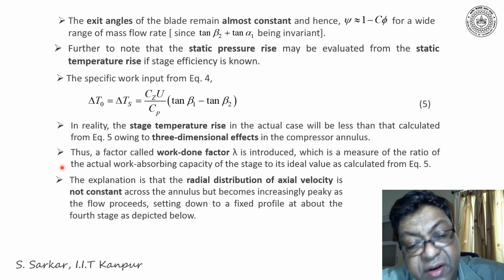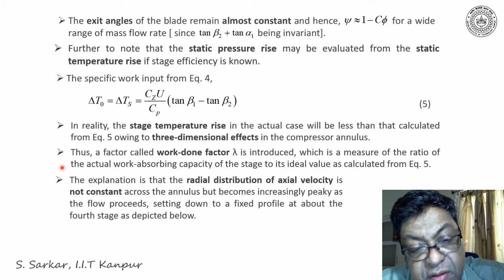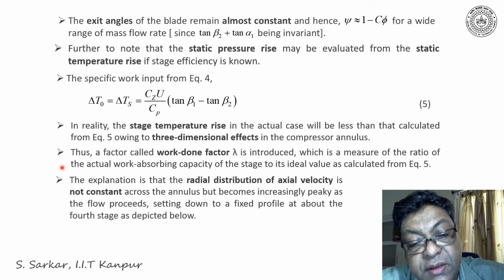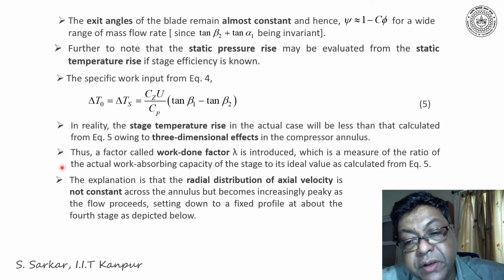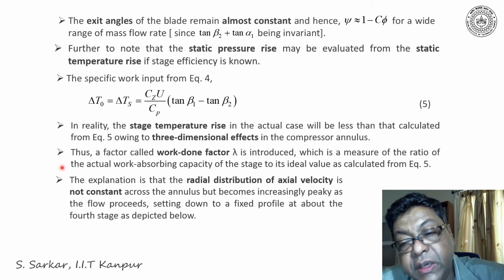This factor has been taken care of by introducing lambda, which is called the work-done factor. This work-done factor is a measure of the ratio of actual work absorbing capacity of the stage to its ideal value as calculated by equation 5.